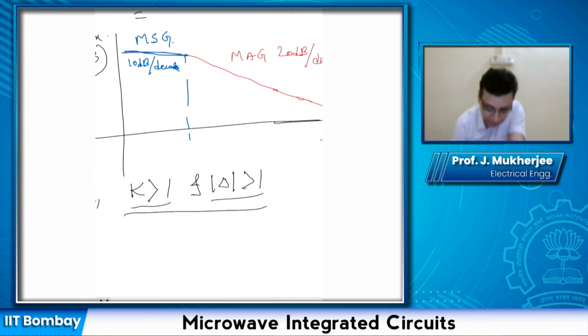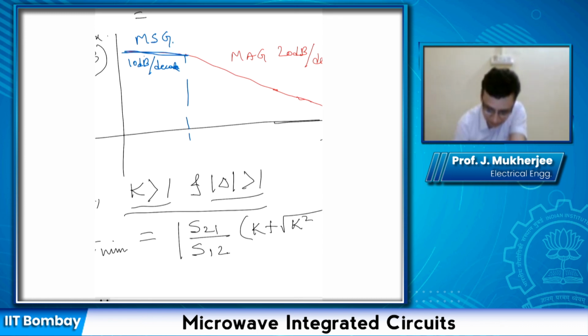So for this particular case, we can define something called a GT min, or the minimum transducer gain, and that is given as. Now there is also something called F min that I will discuss in a later lecture.